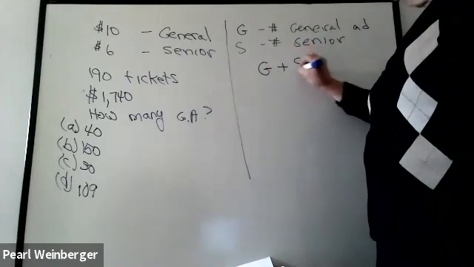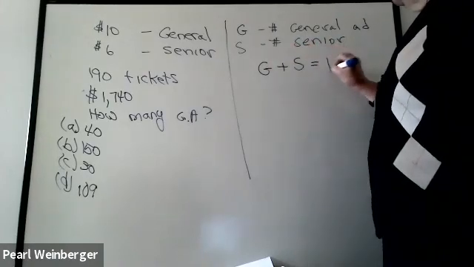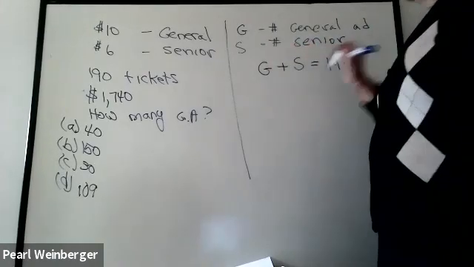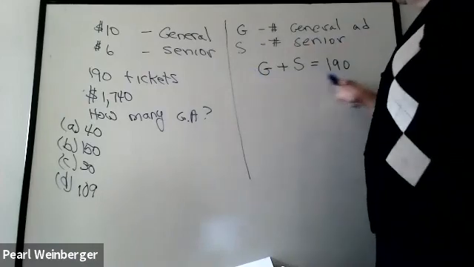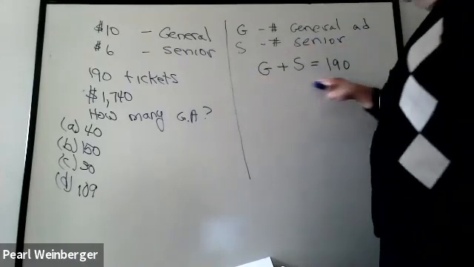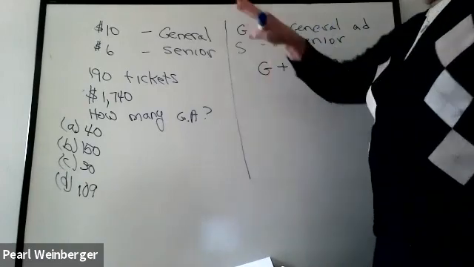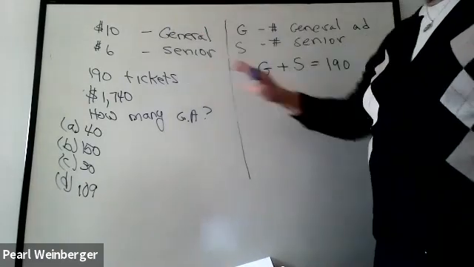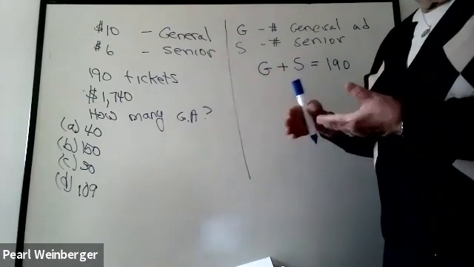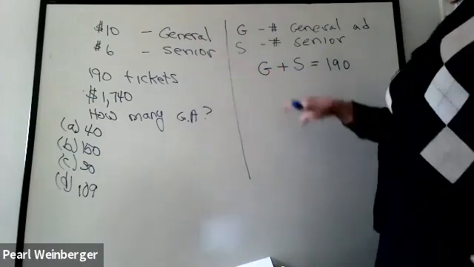So G plus S has to equal 190. Notice it has nothing to do with how much the tickets sold for. It's just how many there were. So we don't include the $10 and the $6. Doesn't matter what they were sold for. It's just how many were sold.